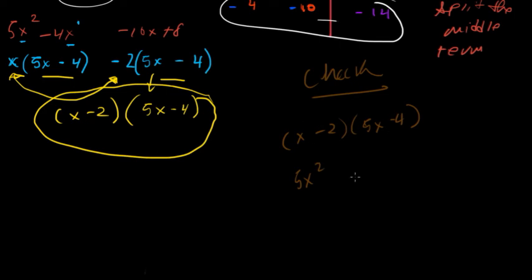Then x times minus 4, that's a minus 4x. Then negative 2 times 5x gives me a minus 10x. Then negative 2 times a negative 4 gives me a plus 8. Then if I simplify this a little bit more and combine my like terms, a minus 4x minus a 10x will give me a minus 14x, bring down plus 8.